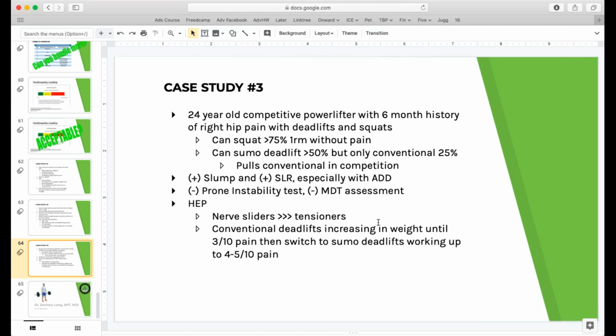So we were doing a lot of neural gliding techniques. But his deadlift homework was that he did conventional deadlifts as part of his warm up, increasing until the point where he felt like, all right, if I push it anymore, I'm going to be creating negative side effects. And at that point, he switched to sumo.